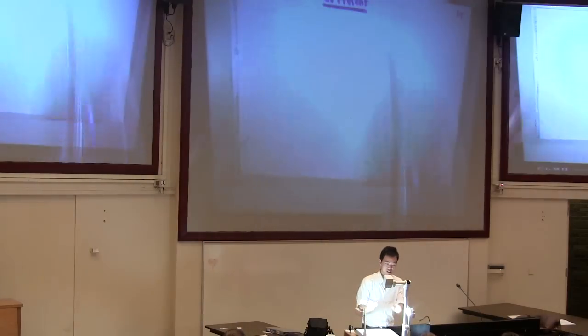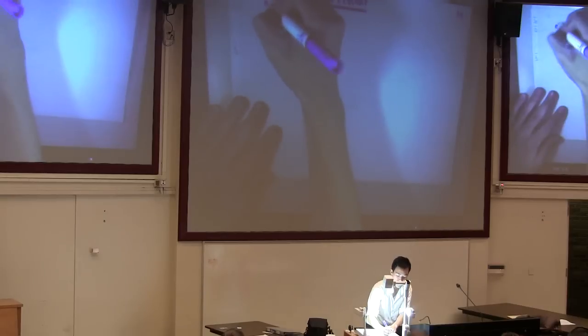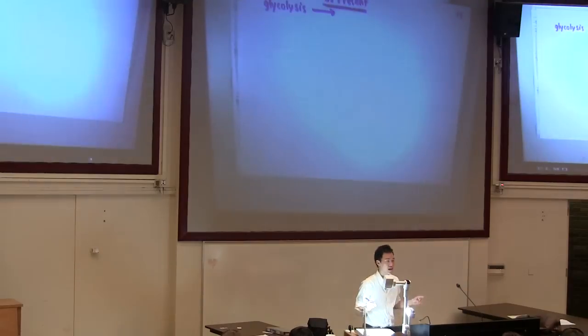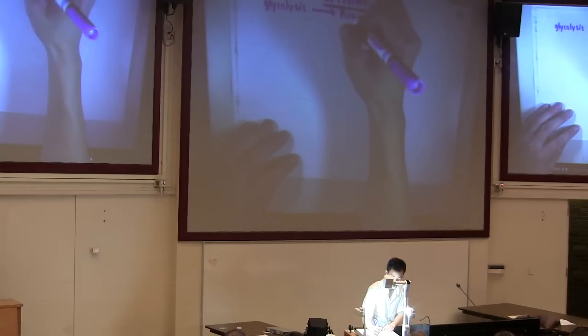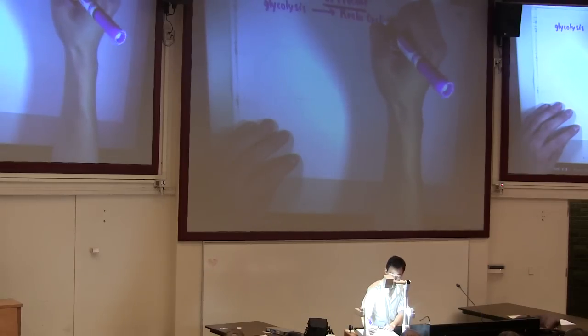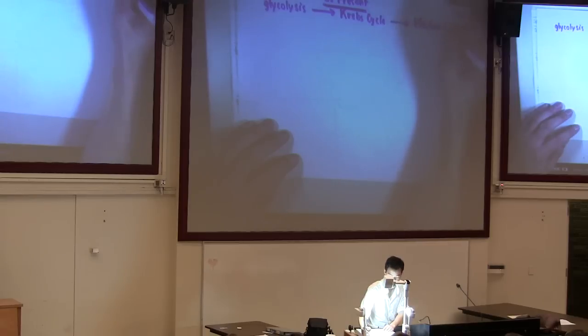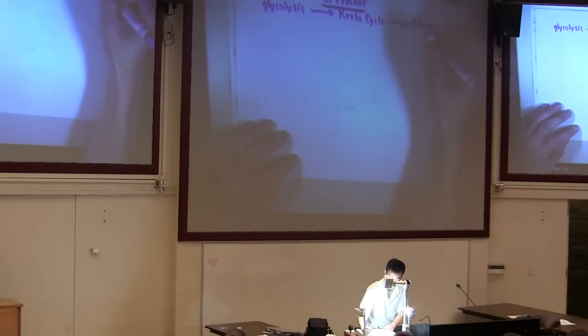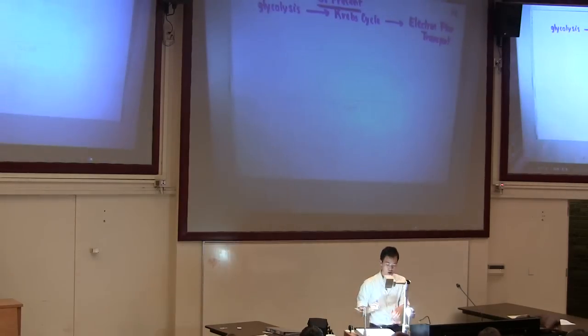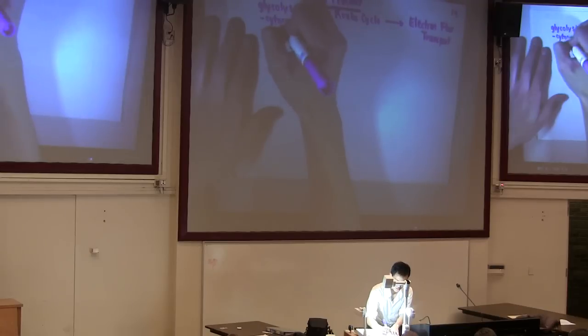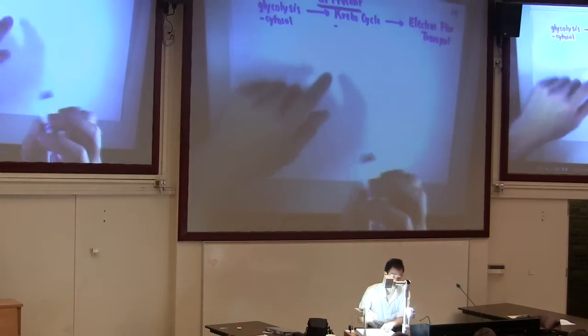So when you do have oxygen present, you start off with glycolysis, and then you move on to what? The Krebs cycle. And then you move on to electron flow or transport. And again, where does glycolysis occur? In the cytosol. Where does the Krebs cycle occur?